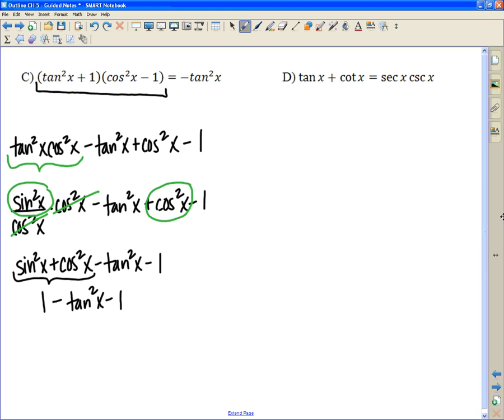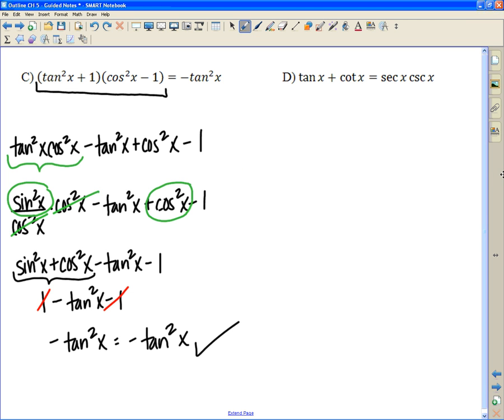The 1 and the negative 1 will simplify, and there you're left with negative tangent squared x, which is what you started with. It's important to think about a decision before you make it and see if it's getting you closer to what you had in mind.